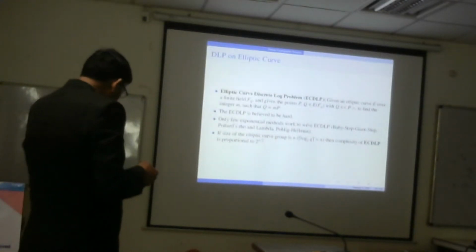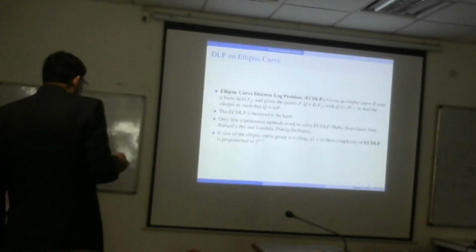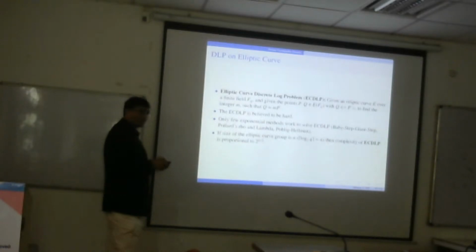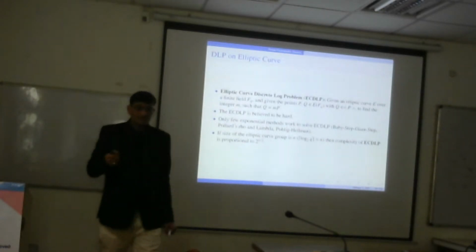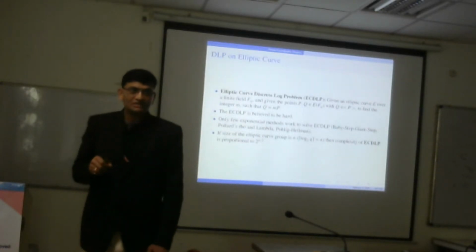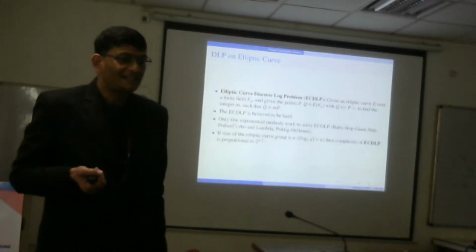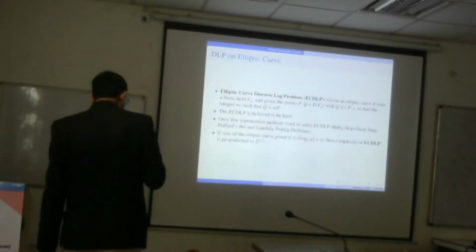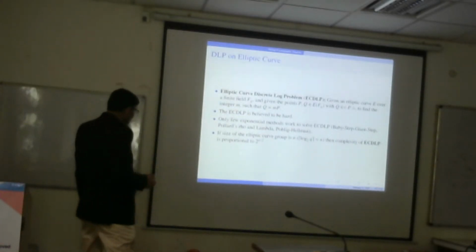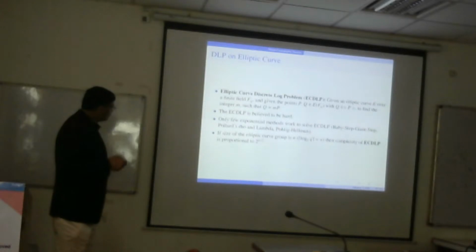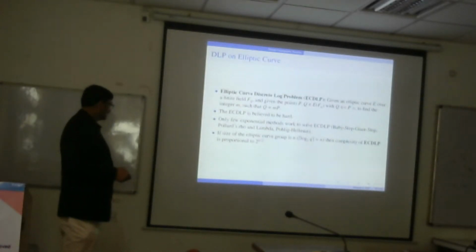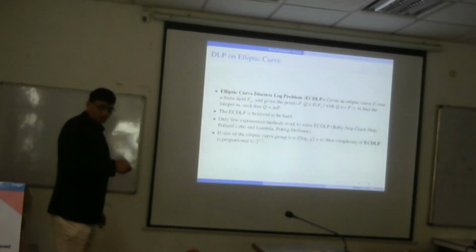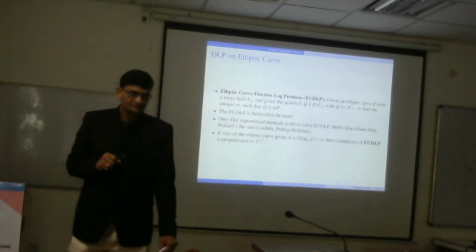Okay. So in this case also, because it forms a group, we can define an elliptic curve discrete log problem, because without a mathematical problem we can't design a system. And the complexity of the discrete log problem is exponential. Suppose n is the size of the field, then the complexity of solving the elliptic curve discrete log problem is 2 to the power n by 2.